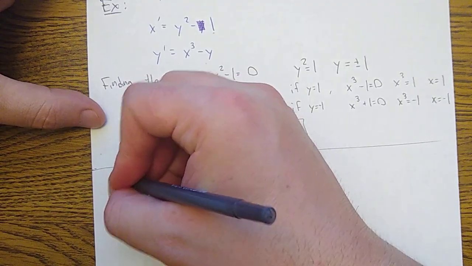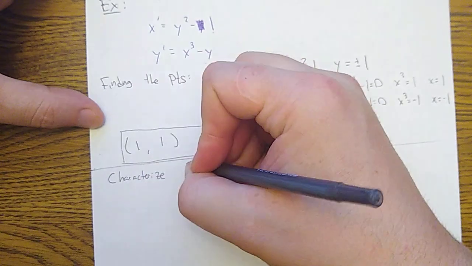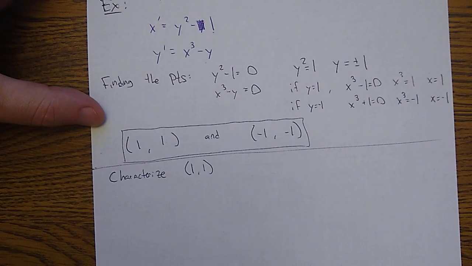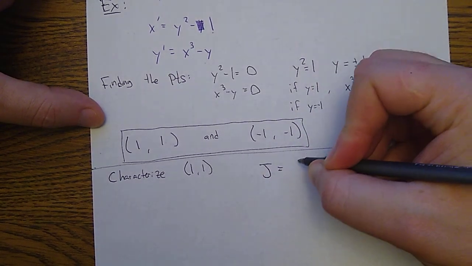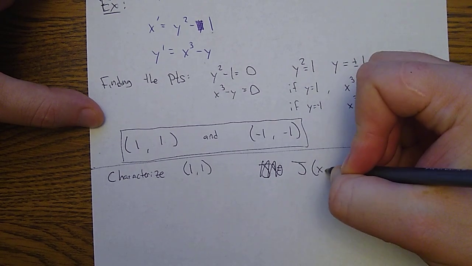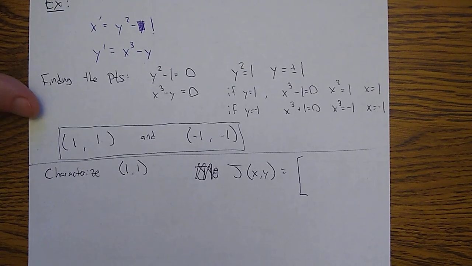So now let's characterize them. Say 1, 1. That means we have to find the Jacobian.